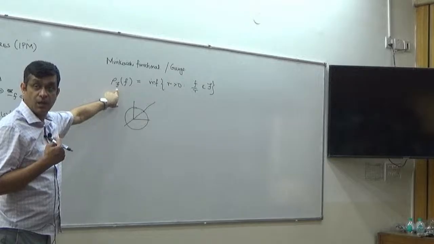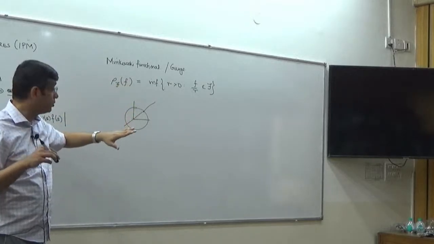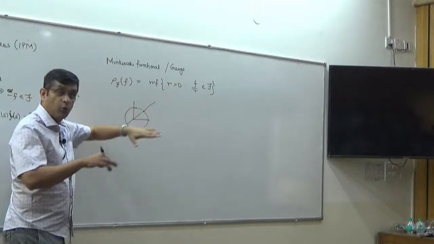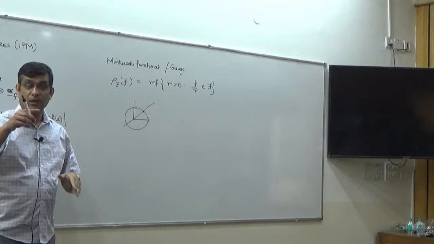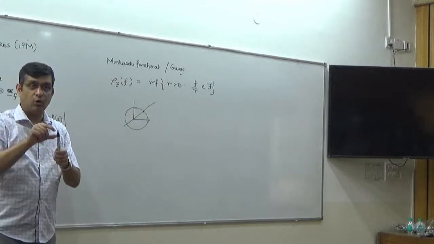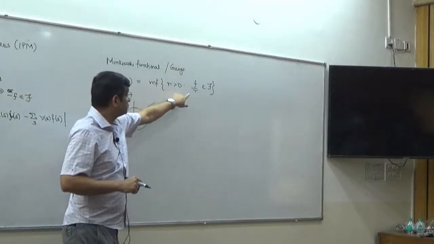The only case where this thing breaks down is if this ball was in, let's say, 2 dimensions and my function was in the 3rd dimension. Then no matter how much I scale it down by, the only way to come back to this ball is to make this thing infinity.